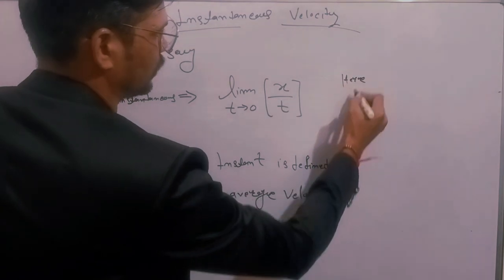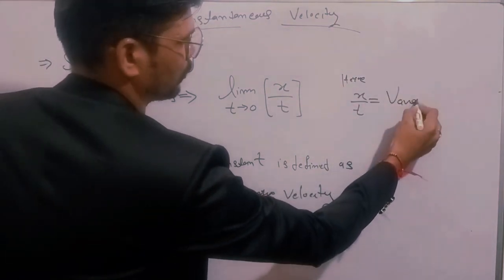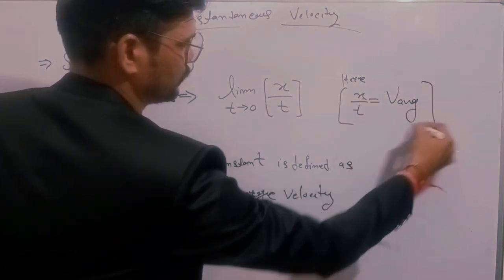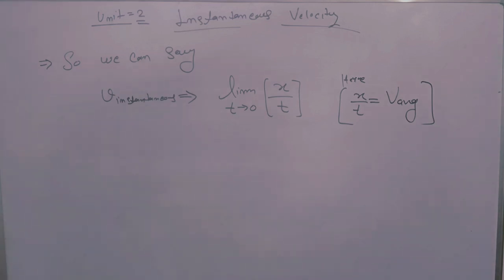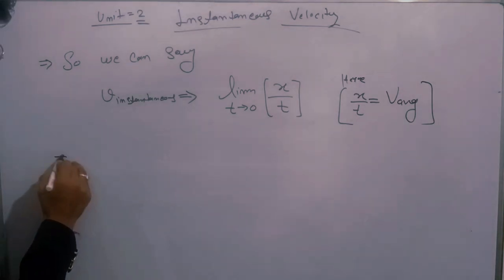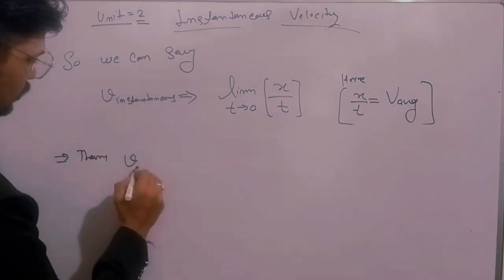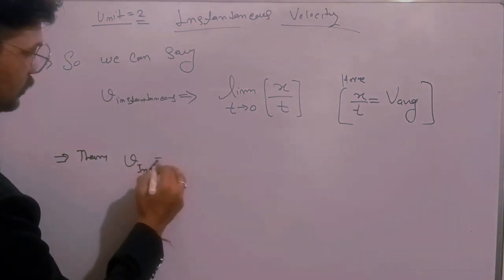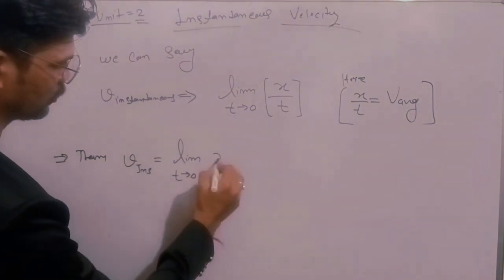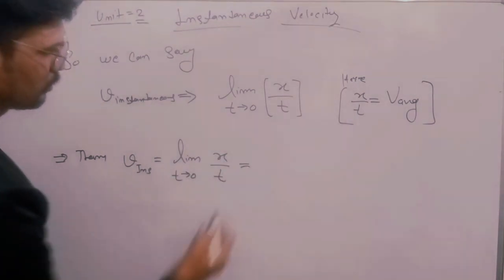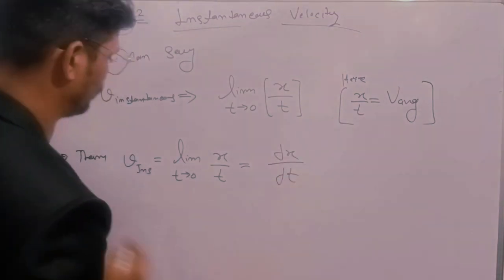So v instantaneous, limit t tends to 0 of x upon t, is equal to dx by dt.